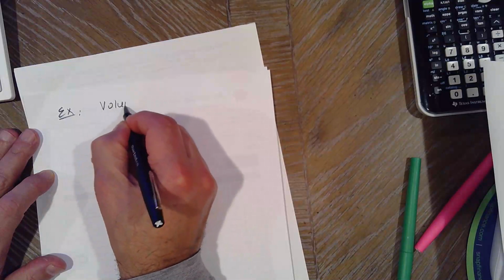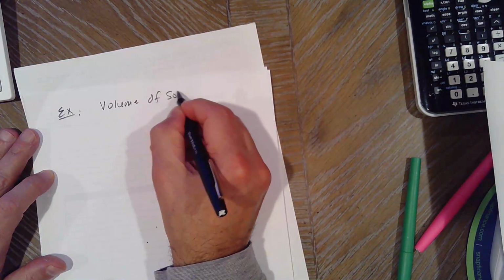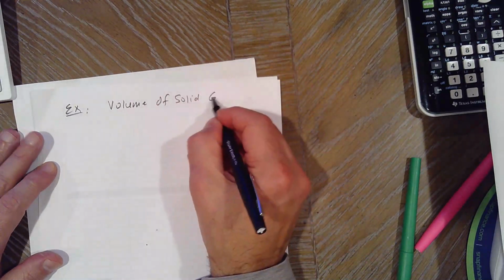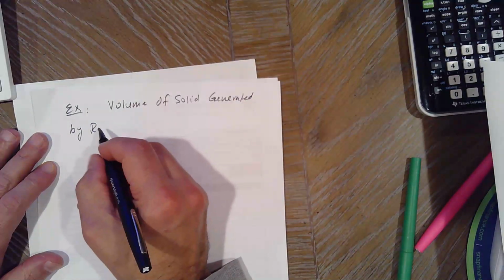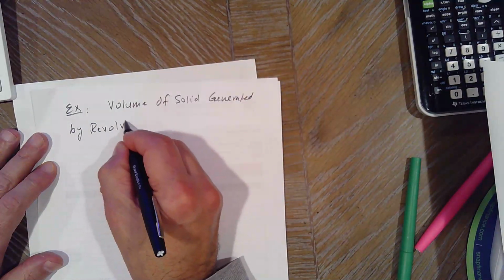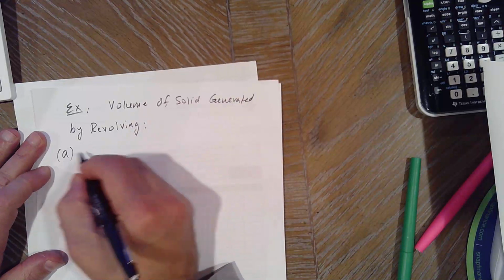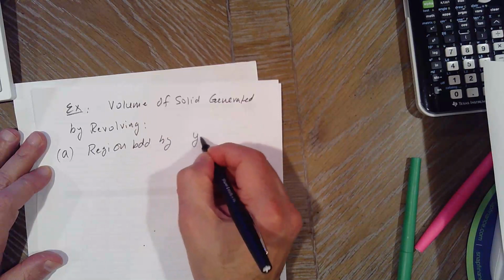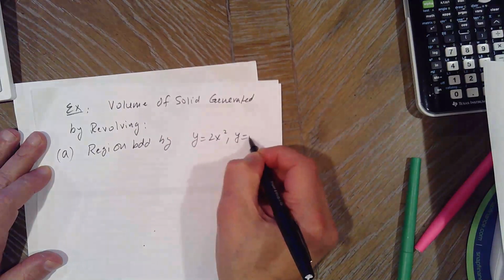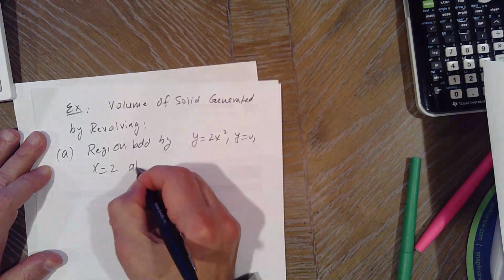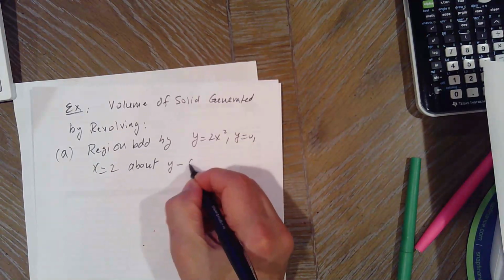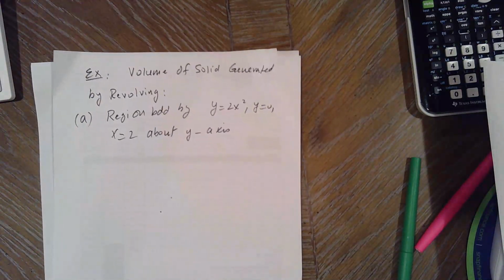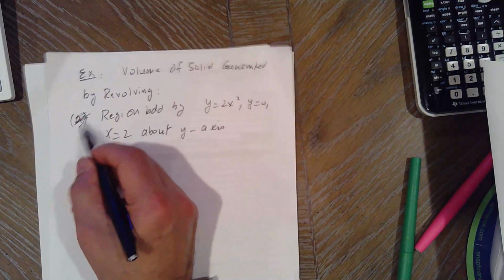Find the volume of the solid generated by revolving the region bounded by y equals 2x squared, y equals 0, x equals 2, about the y-axis. Okay, there's no part A, just one problem.